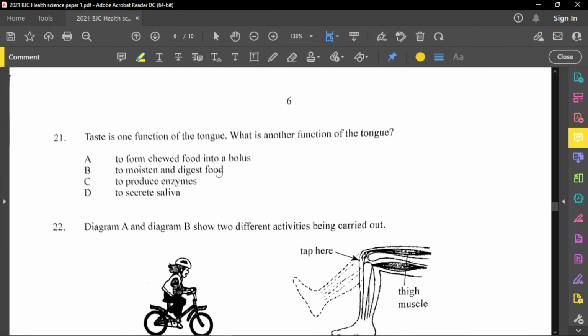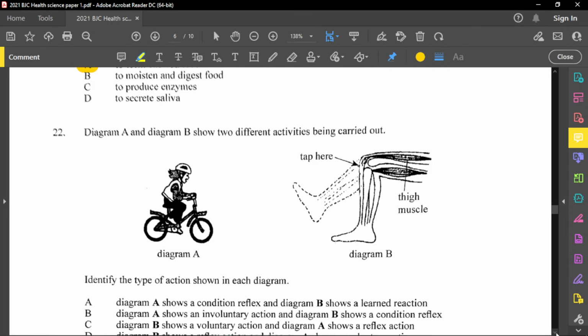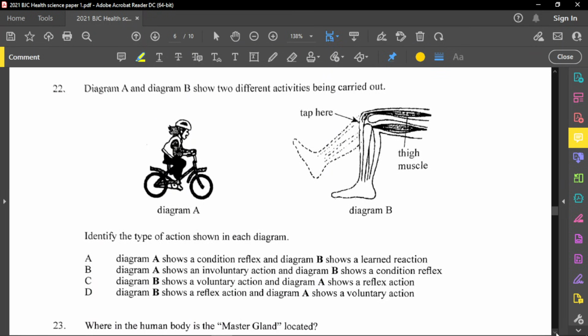And they said to moisten and digest food. No, that is saliva doing that. To produce enzymes, no, that is produced by the salivary gland. To secrete saliva is also the salivary gland. So definitely A is correct here. To form chewed food into a bolus. And bolus is a ball-like food mixed with saliva and all the enzymes.